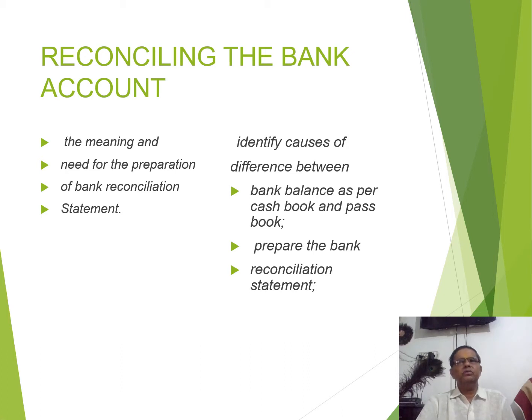When a two column cash book is maintained, we make all the cash transactions in the cash column, and all the transactions pertaining to the bank are entered in the bank column.